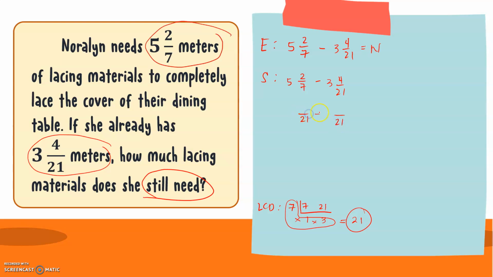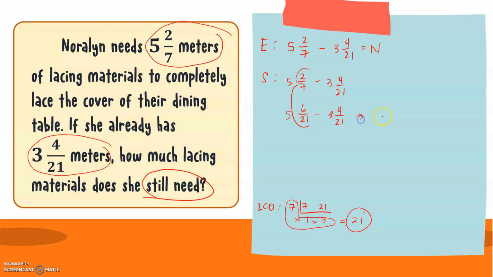Now let's find the new numerators. 21 divided by 7 is 3 times 2, that will give us 6. Since the denominator here did not change, we'll just copy 3 and 4/21. Then let's copy as well the whole number 5 here.